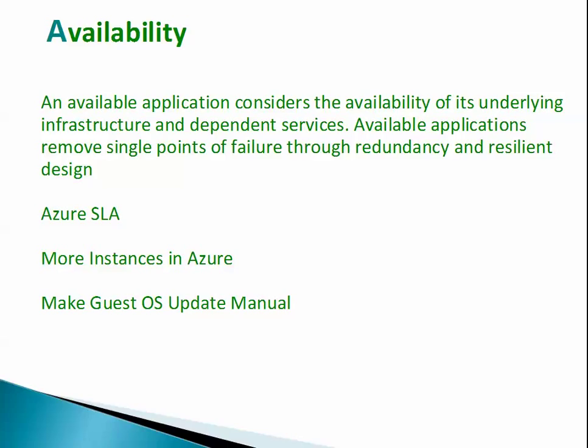4 instances. Do you know why 4 instances? Due to update domains, because of operating system updates, one instance can go down. Suppose one instance is down because of host operating system updates. At the same time, suppose hardware fails, then what will happen?